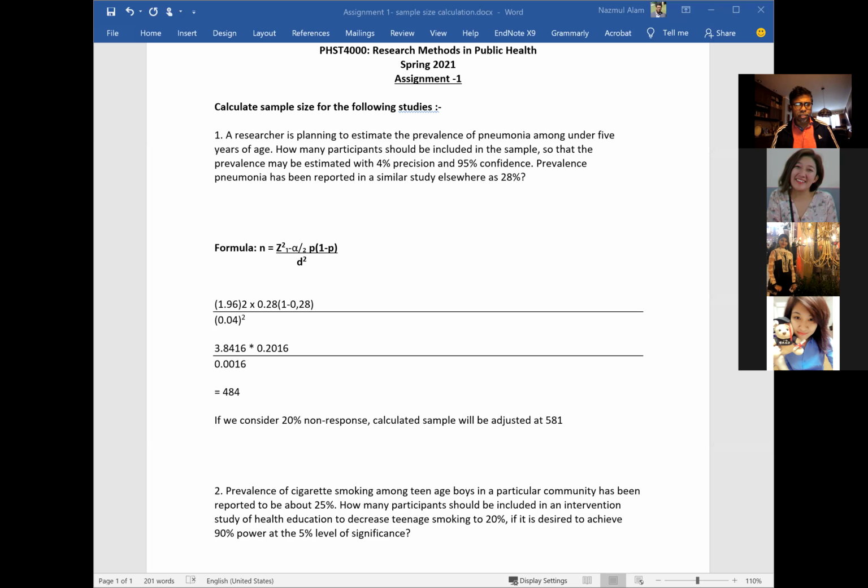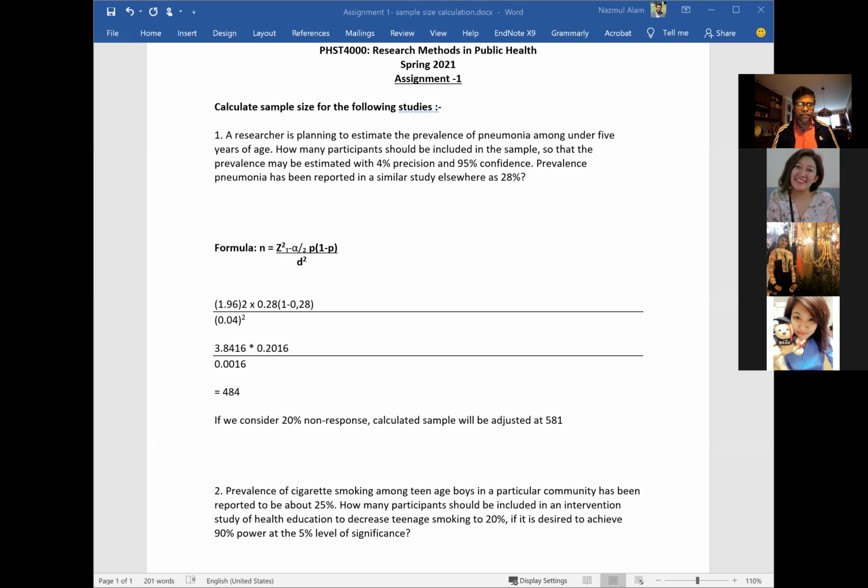Sometimes people stop halfway, so you have to exclude them from your final analysis. That's why you take some extra, just to be on the safe side. This 20% is in your planning stage, but during actual data collection, if you reach 484, you don't have to go to 581.